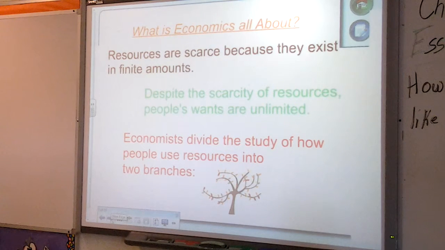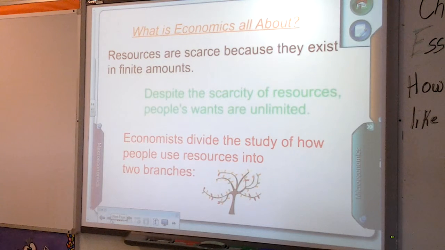What is economics all about? Well, economics is about resources. Resources are everything that can be used to make something else, make a product. But resources can also be things like money. And these things are scarce because there's only a finite amount of them. There's only a finite amount of oil or certain types of minerals or coal.